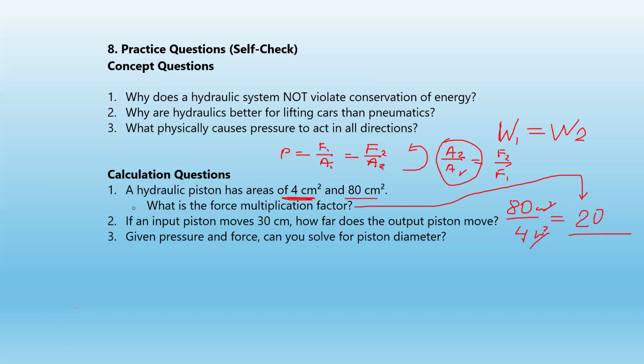There's the other question here: if an input piston moves 30 centimeters, how far is the output going to move? Well, is the output area bigger or smaller? The output area is bigger, which means it has to move less than 30 centimeters. How much less? We already have the multiplication factor here, right? 30 divided by 20.